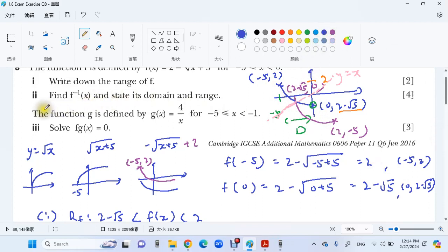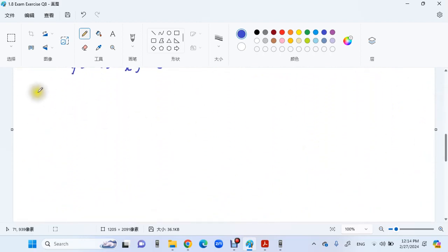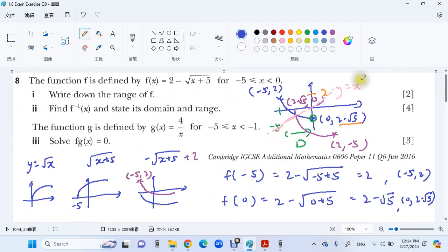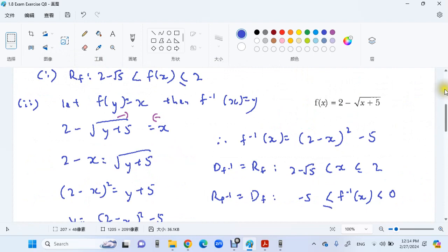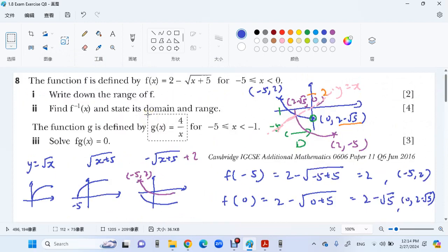Okay, and then the function g(x) is 4 over x. So we need to solve f(g(x)) equal to 0. So number 3, we have f(g(x)) equal to 0. Then g(x) is 4 over x, and x is between negative 1 and negative 5.